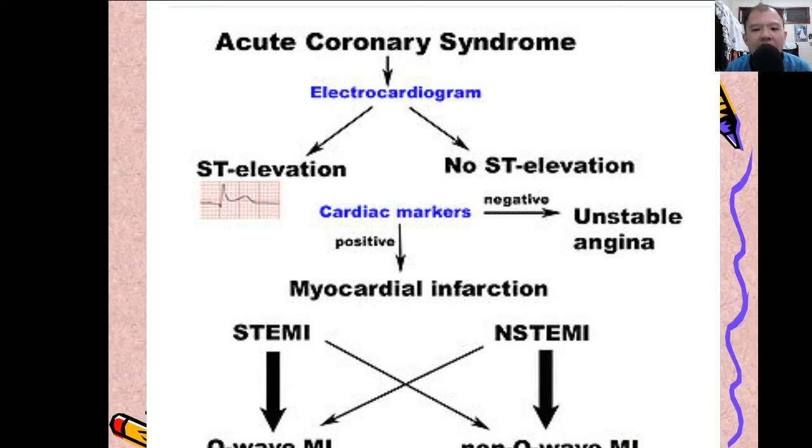Most commonly, ST elevated MI will lead to what we call Q-wave MI, and Q-wave MI, by the way, you will learn this in third year, means that there was a previous MI, an old infarct. Non-ST elevated MI means that there is, for the majority, no previous infarct, but in some cases these can be interchangeable.